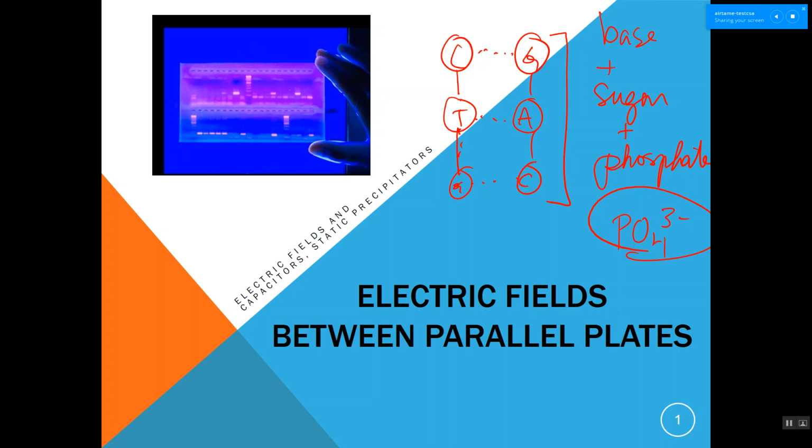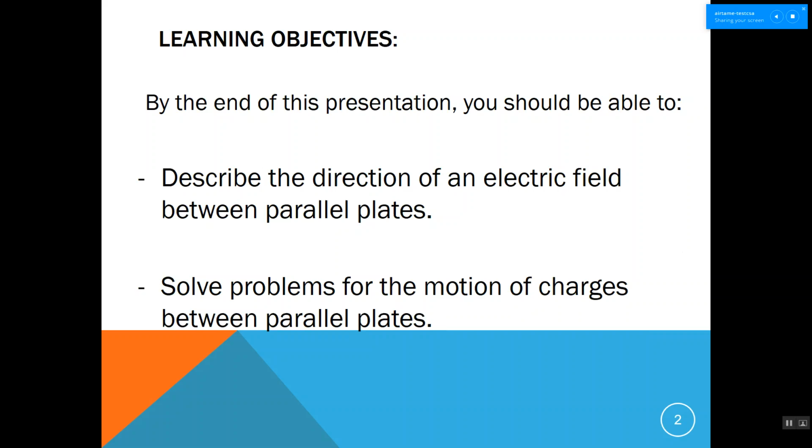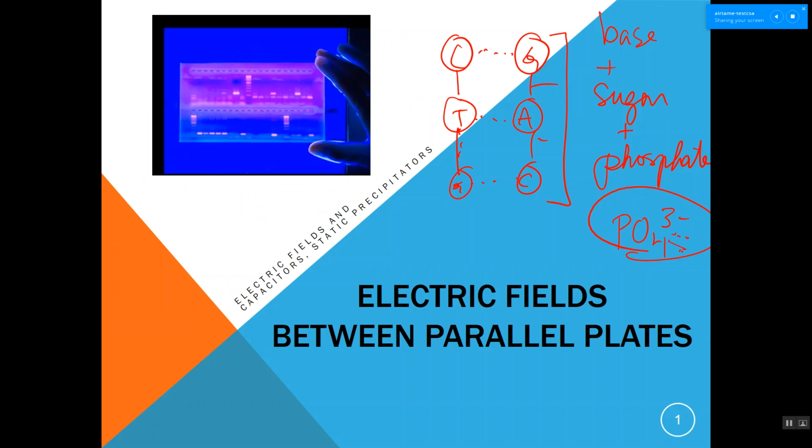All right, this whole backbone here is made up of phosphate. So it's a sugar attached to a phosphate, attached to a sugar, attached to a phosphate, attached to a sugar, attached to a phosphate. So DNA as a whole, if there's a bunch of these phosphate 3 minuses, DNA as a whole is what? Yes, negatively charged.